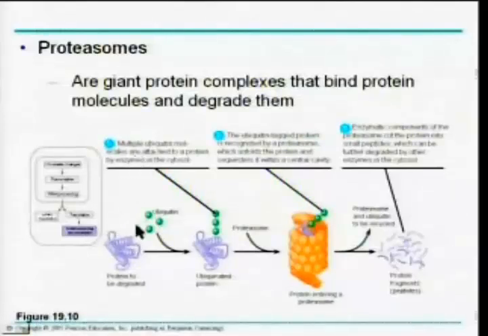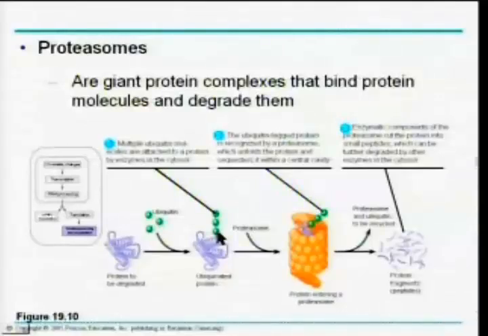So first we see this protein to be degraded. It's got alpha helices in it, and maybe just got 3 helices in it, right? And then this other protein, the ubiquitin, that will bind to it, and then you have a ubiquitinated protein.